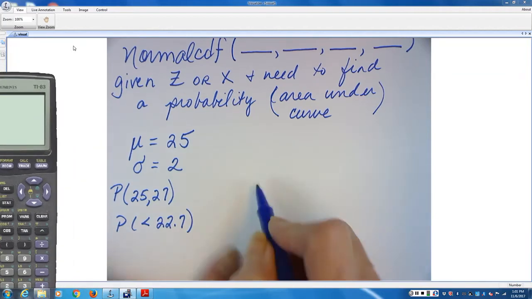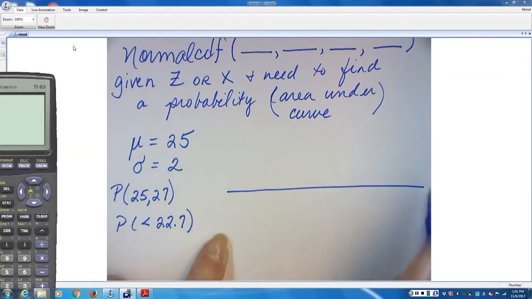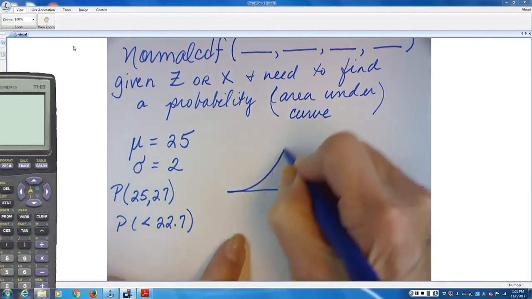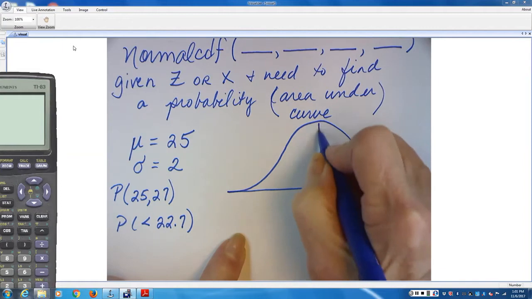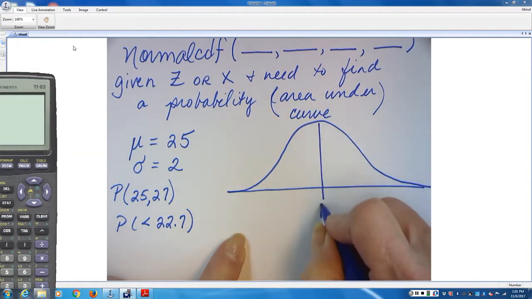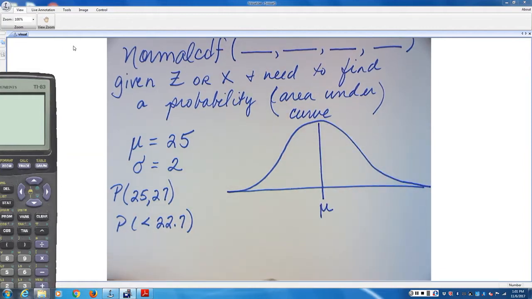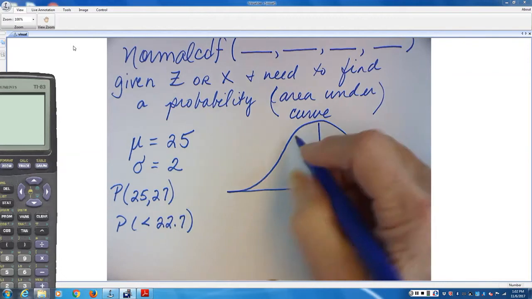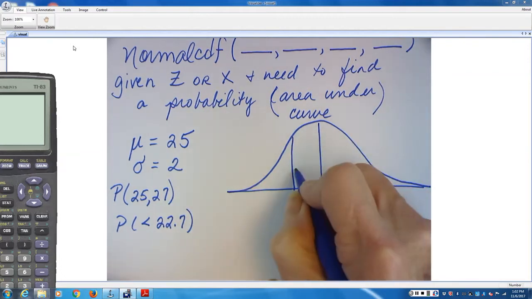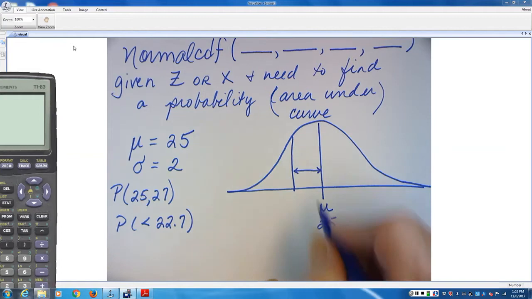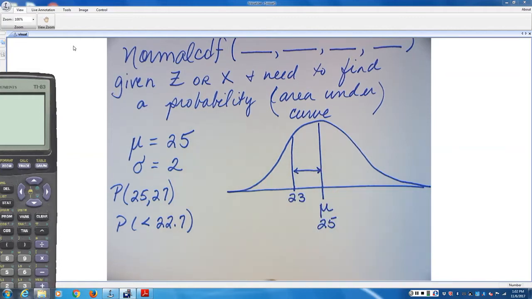So this says that we have a normal curve. And the mean is always in the middle. That's mu. In this case, mu is 25. And the standard deviation of 2 says that if I go down 2 below 25, I'm at 23 minutes.